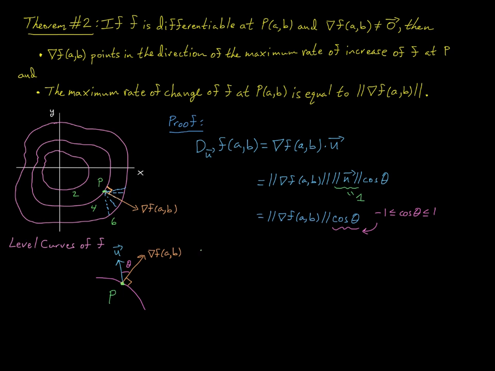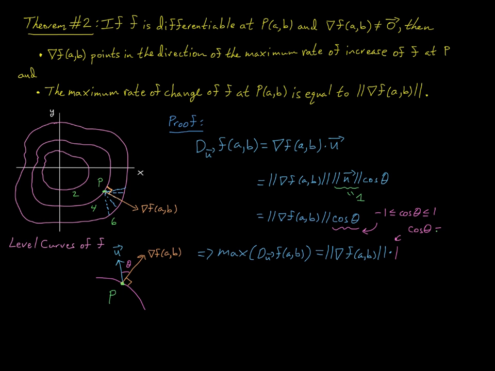So what we're saying here is that the maximum value of our directional derivative will equal the magnitude of our gradient times the maximum value of the cosine, which is just 1. And when does the cosine of theta equal 1?